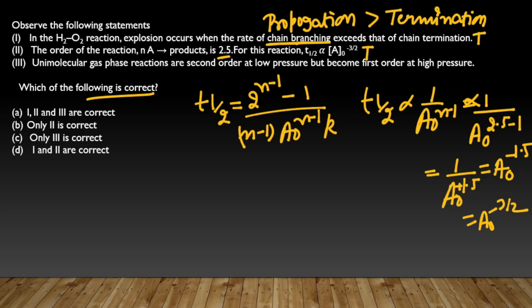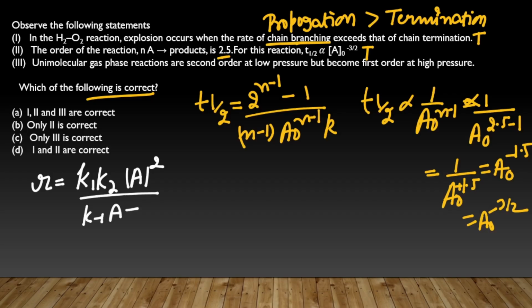So this statement is also the true one, because for the unimolecular reaction, the rate expression you get is K1 K2 A square upon (K inverse of A plus K2).